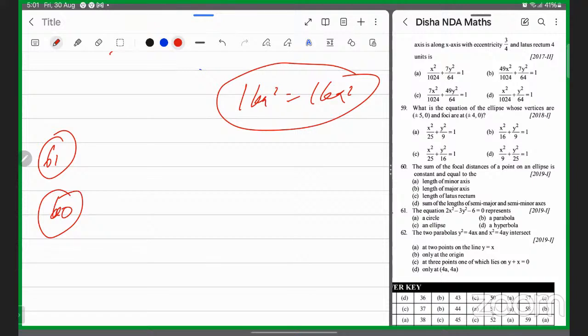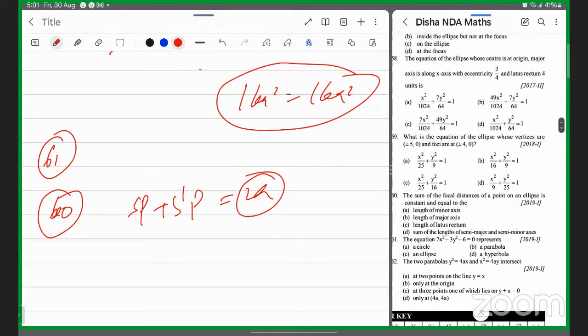The sum of the focal distances of a point on the ellipse is constant and equal to 2a. You will know that SP plus S dash P, the distance of a variable point P from the first focus plus the distance of the same variable point from the second focus, is equal to 2a. 2a is the length of the major axis.